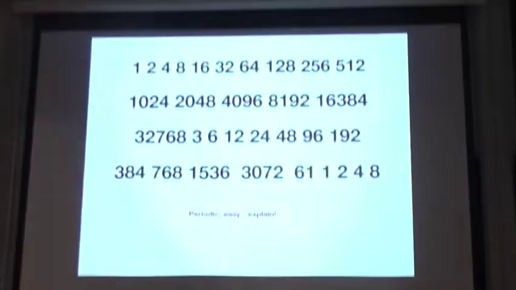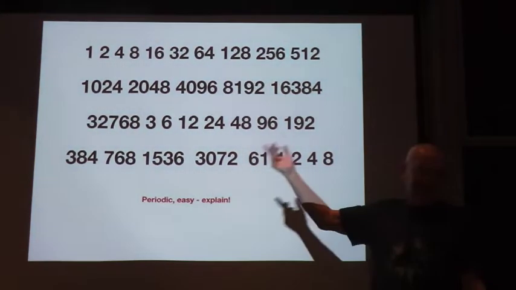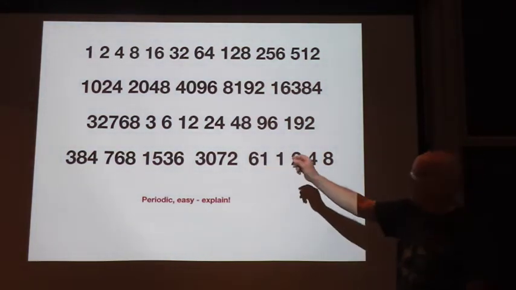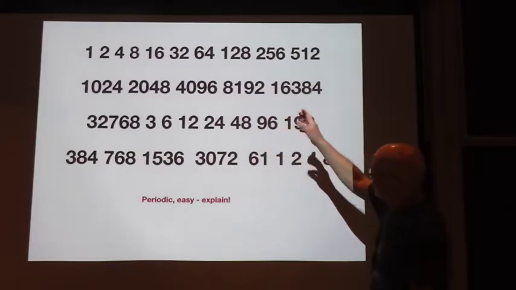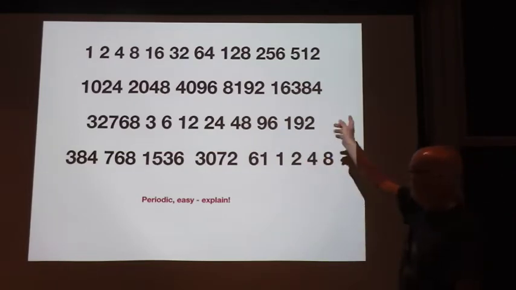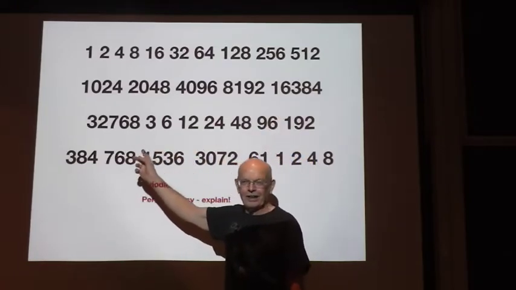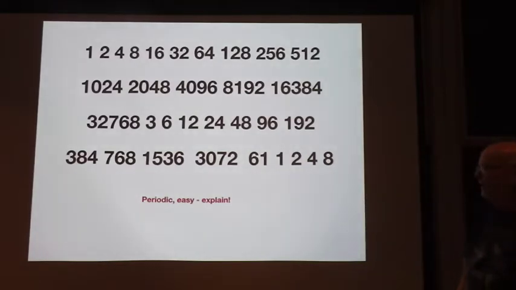On the blackboard, which I'm never very good at using here, I started off by putting up this sequence. I imagine I'm writing on the blackboard a very simple sequence: 1, 2, 4, 8, 16, 32, 64, 128, 256, 512, and so on. Then 1, 6, 3, 8, 4, 3, 2, 7, 6, 8, 3, 6, 12, 24, 48, 96, 192.